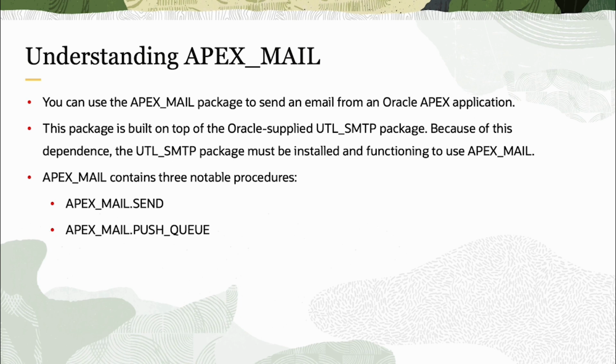And the last procedure is the apex_mail.add_attachment procedure. Using this procedure, you can add attachments to your outbound emails. So this procedure takes in the ID that is returned by the apex_mail.send function, and using that ID, you can attach files as attachment to emails.